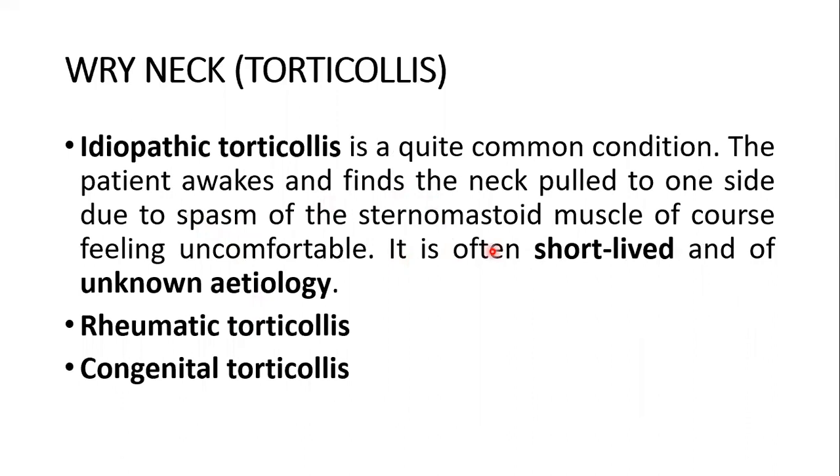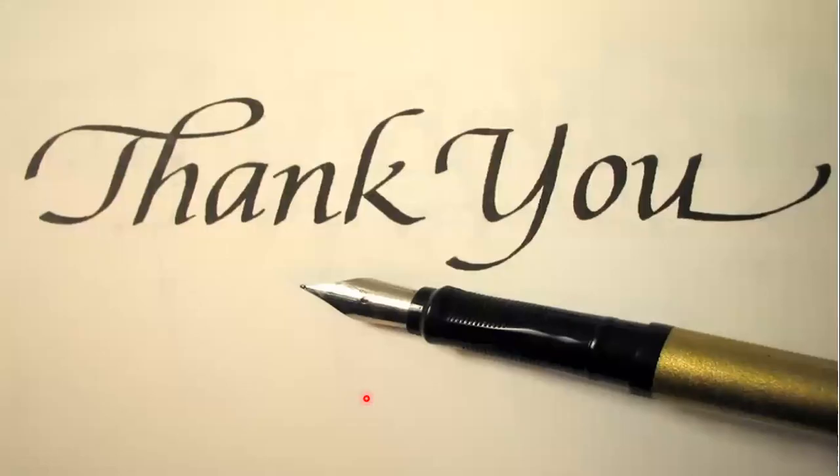The patient wakes up in the morning and feels very uncomfortable contracture, as the sternocleidomastoid muscle is in spasm. So you can also say this is a sort of spasmodic torticollis. Rheumatic torticollis is that which is produced when a person is suddenly exposed to very cold temperature, and this is congenital torticollis, which I have already explained to you.